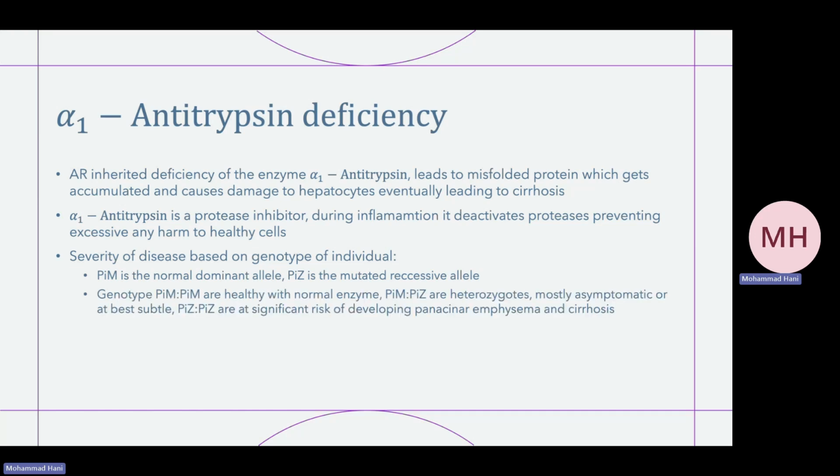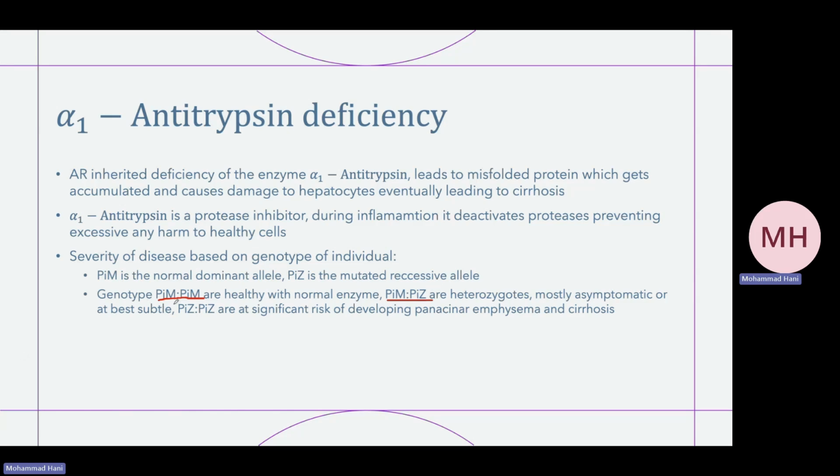So if an individual has the genotype PiMM, this is a healthy individual with the normal enzyme, and there are no symptoms, no issues with this individual. Whereas if an individual is PiMZ, heterozygotes, they're usually asymptomatic, or even if they show any signs, it's going to be very, very mild, nothing severe and life-threatening.